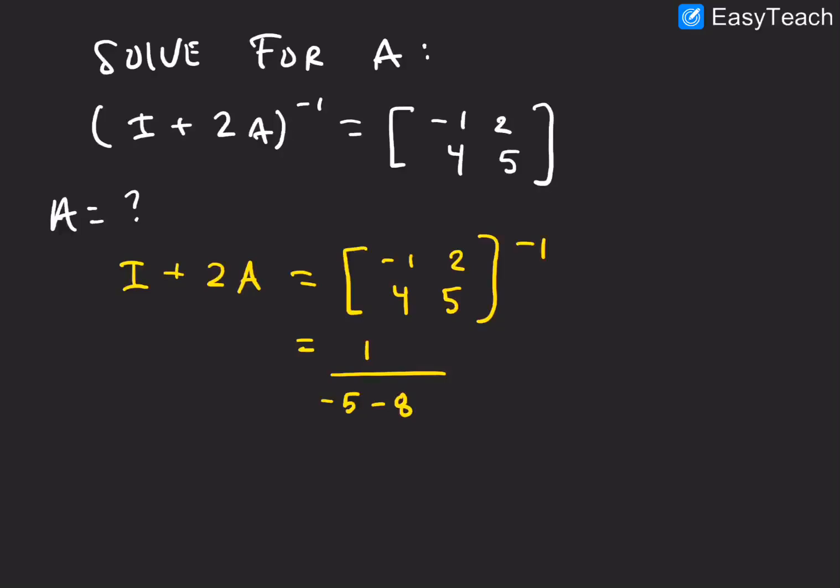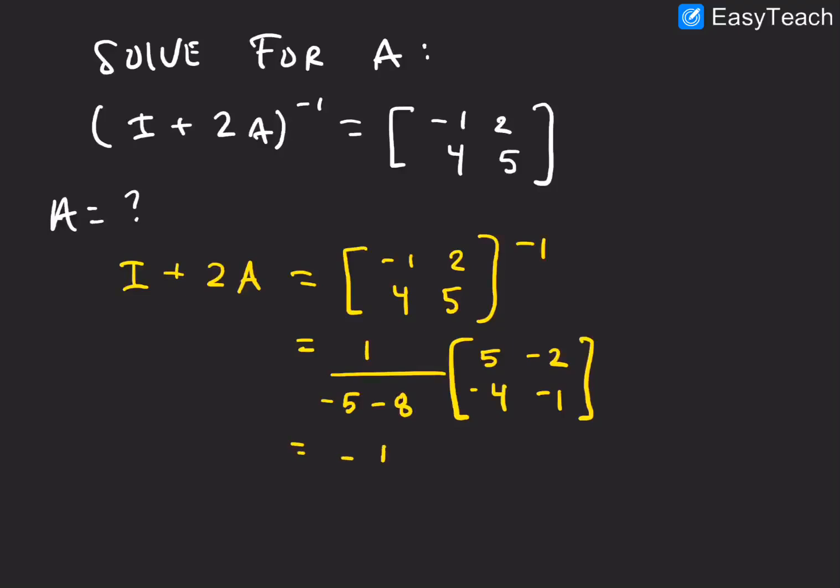Again, it's A times D minus B times C. And then what do we do with the inside of the matrix? Well, we flip positions and we change signs. So the 5 and the 1 are going to change positions. And the 2 and the 4 are just going to change their signs. That's simple enough to remember.